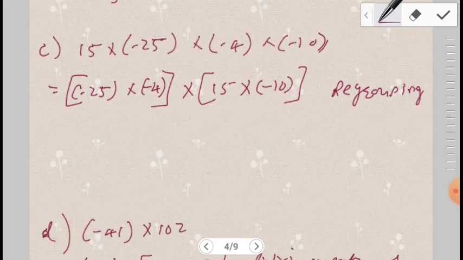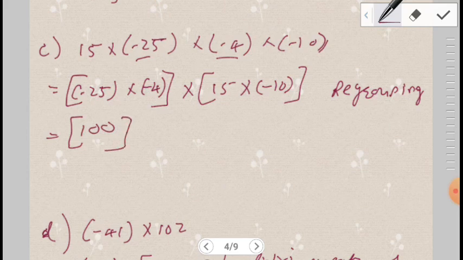In the C, 15 into minus 1, minus 25 and minus 4 multiplied by minus 10. So here we can use the regrouping of those numbers. That means if I collect 25 and 4 together, for the easiness of the calculation, nothing else, minus 25 with minus 4, 25 fours are 100 and minus minus, it will become plus 100.